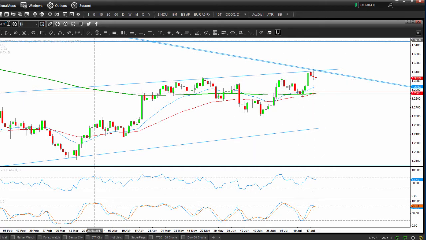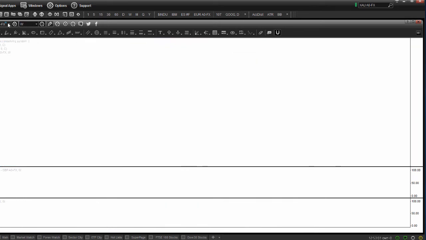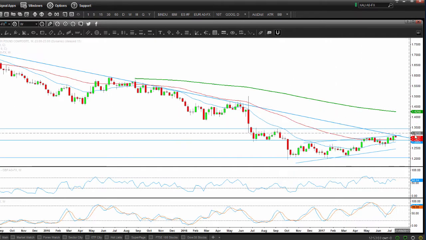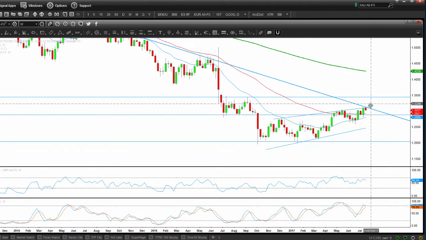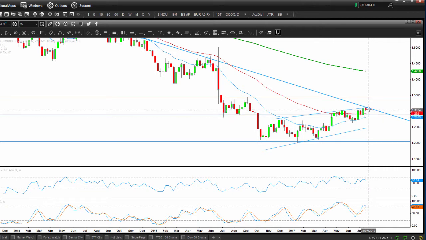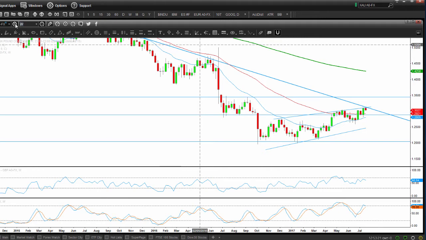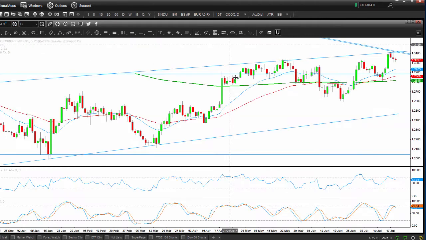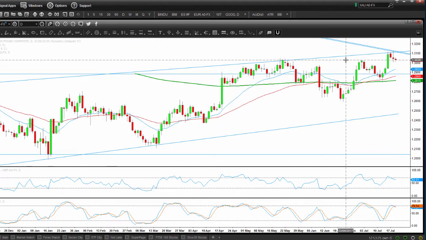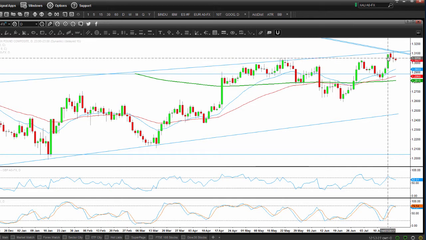Okay, so if we go back to the weekly time frame, we can see that if we get in the explosion before it actually happens, we have more to gain. Okay, so you can see that last week was a big buyer bar. That's absolutely fine, but we did have this level of resistance breached as well here at 1.292. So the question is on the weekly and the daily, is this level going to hold? We had the close above it. That's absolutely fine.